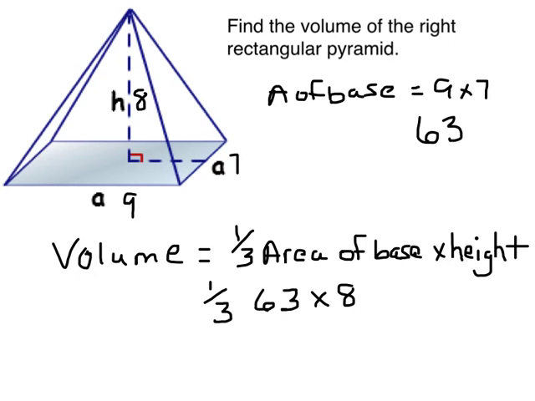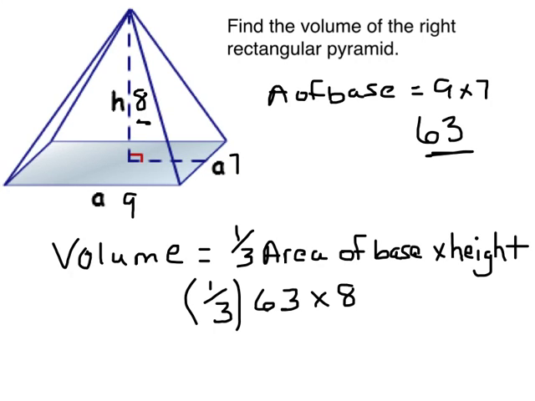All right, so we've gotten our area of the base. 9 times 7 is 63. And the formula for volume of a pyramid is 1/3 the area of the base times the height. All right, so we need 1/3 times 63, which we now know is the area of the base, times the height of 8.